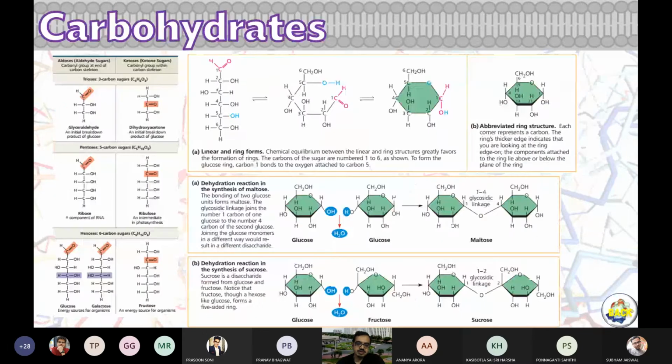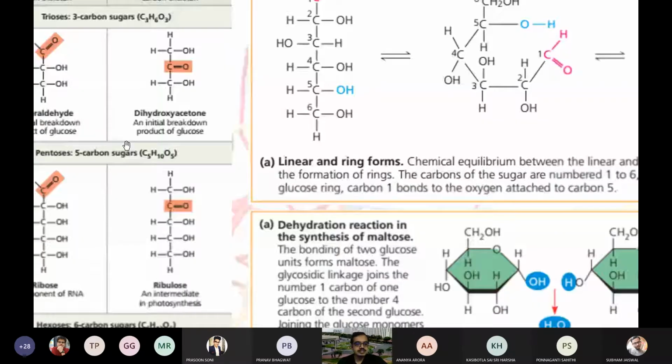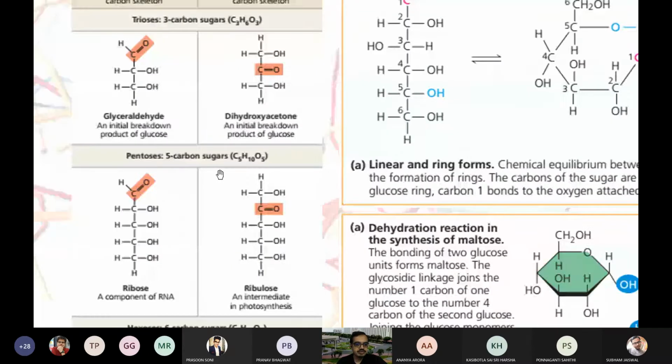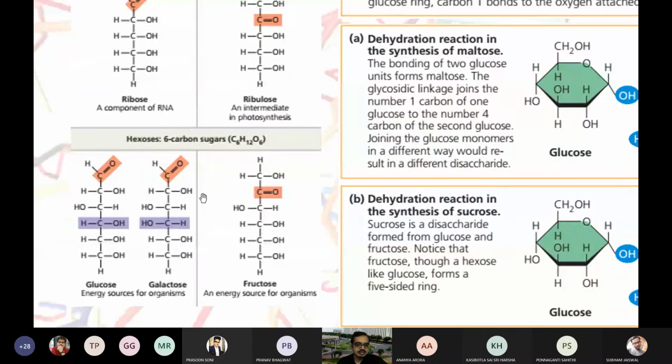So let's understand what is a carbohydrate. Carbohydrates are actually, you must have learned about aldehydes and ketones in organic chemistry. Remember that? So when you really see glucose, they are actually aldehydes. When you see fructose, this is fruit sugar.